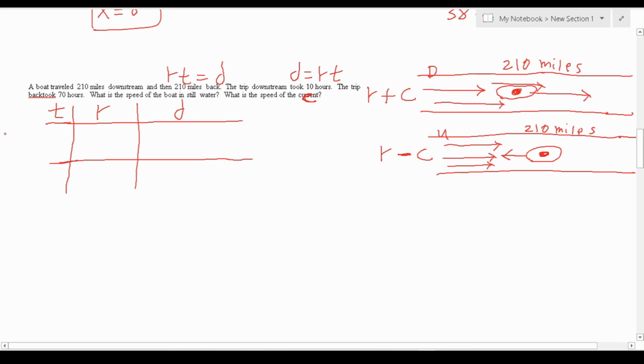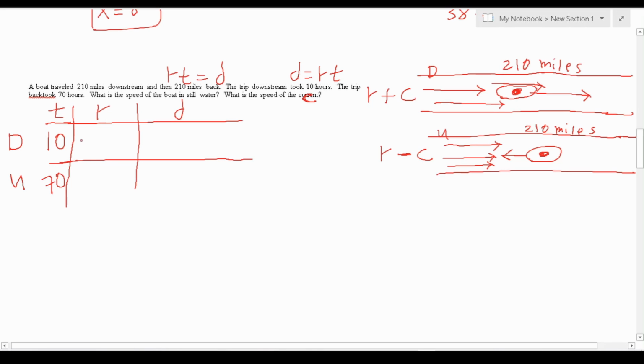I'm going to call this one downstream, so I'll put a d there. I'm going to call this one upstream, so I'll put a u there. We're told that downstream, the trip took 10 hours, so we know our time's going to be 10 there. Whereas upstream, our trip back took 70 hours, so we'll put 70 there. We know the rate of speed insofar as it's related to the current.